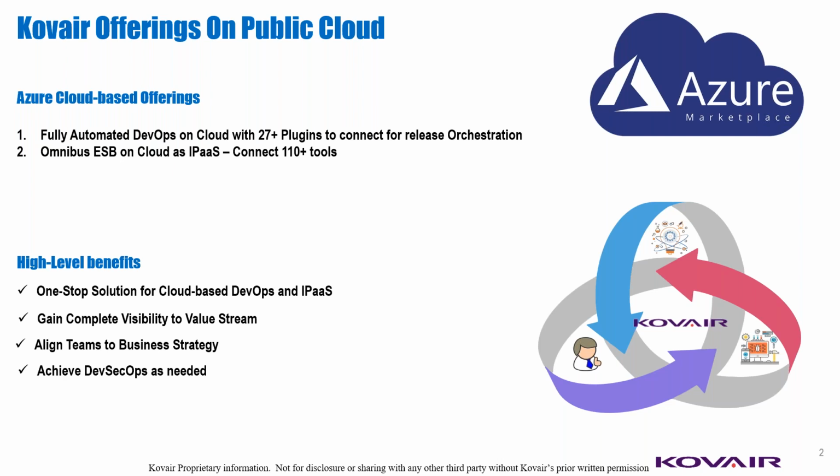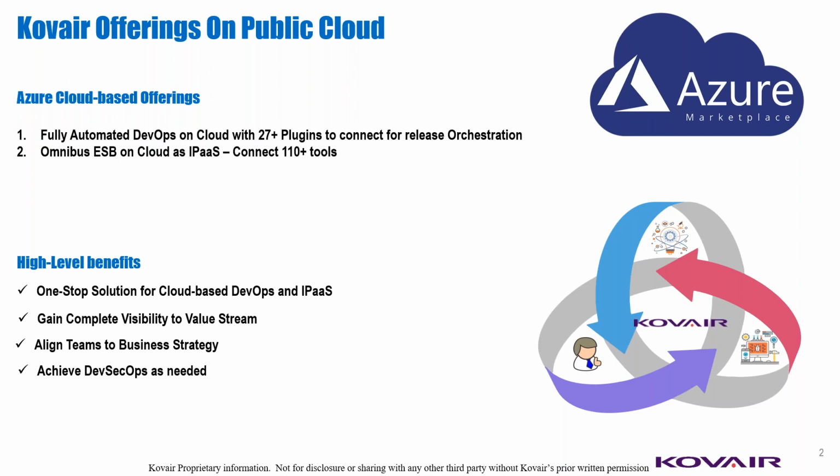Now, what is the overall benefit that one can see from these offerings? First is a one-step solution for a cloud-based DevOps and iPaaS. This will give you continuous integration, test automation, release orchestration, continuous deployment, monitoring, security testing, and analyzing your value stream.